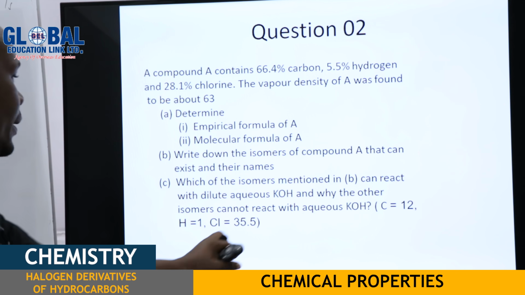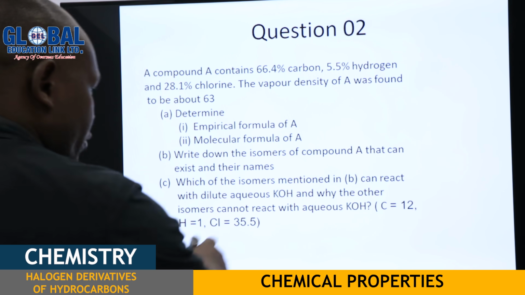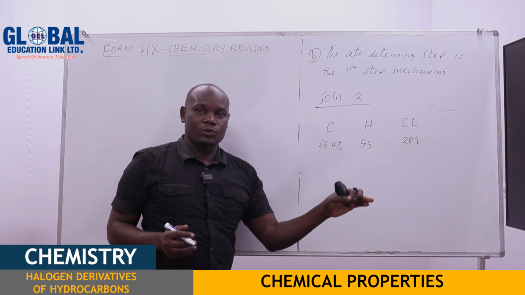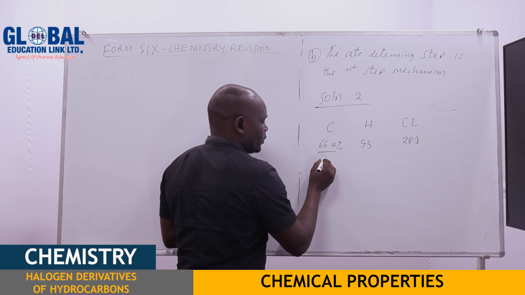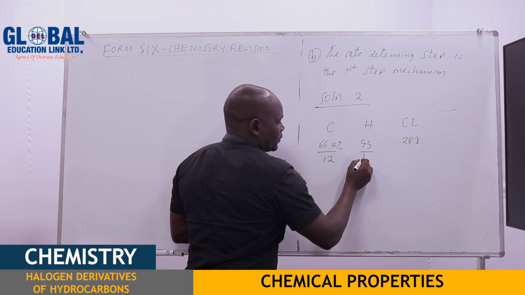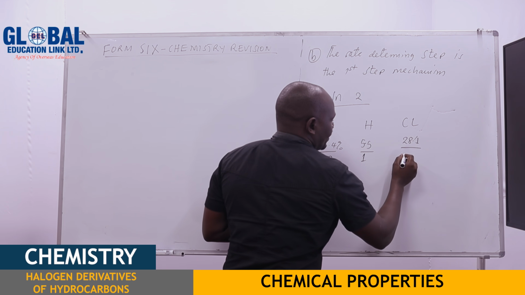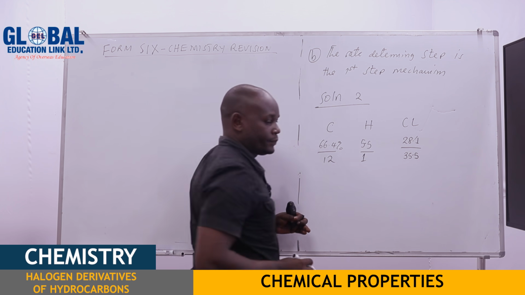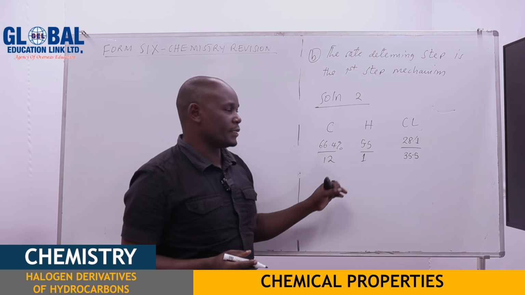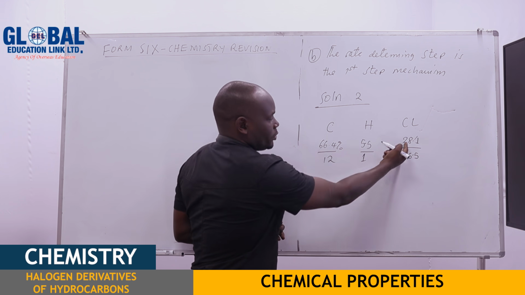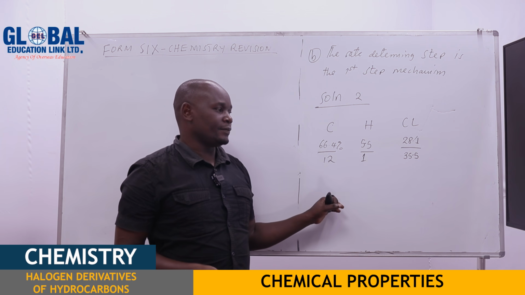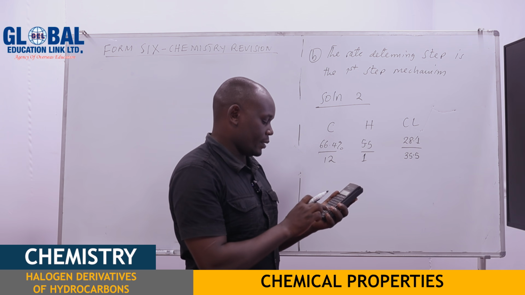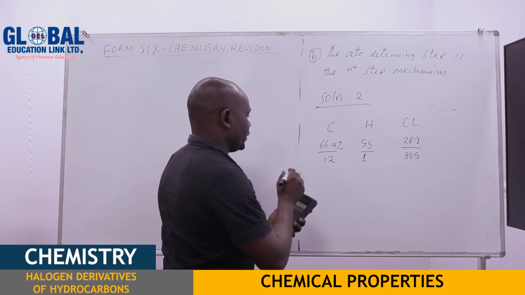Now, we have been given their relative atomic masses, so we divide the percentage by the atomic mass of each element: here we divide by 12, here by 1, and here by 35.5. Using your calculator, 66.4 divided by 12, the answer is 5.53.